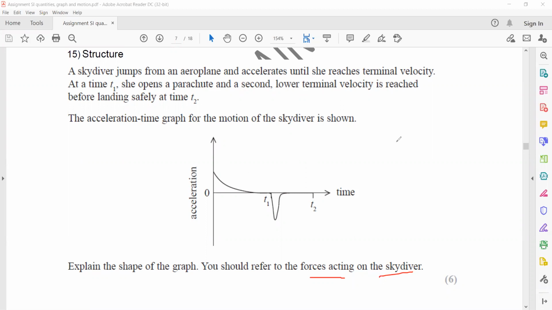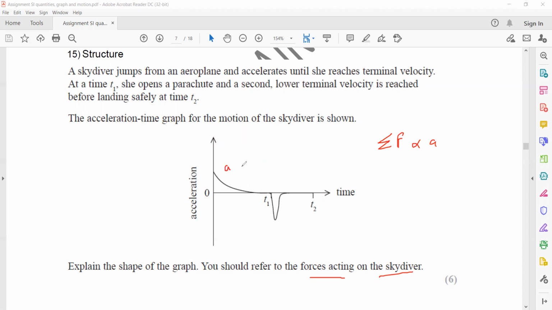First, we know the resultant force and acceleration are directly proportional. So here, what is happening? When you check the first interval, the slope is decreasing. You can also check the value of the acceleration by checking the y-axis.